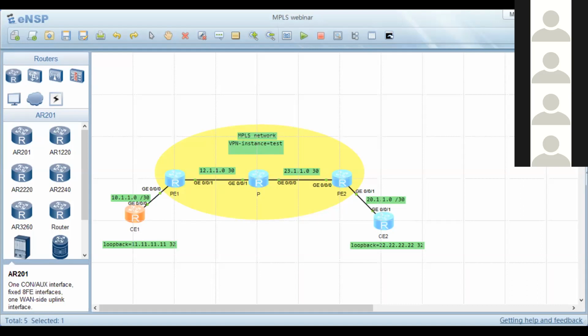This one, you see, is the VPN label. It will carry the route through the MPLS network between the two PE routers, as you can see. That is the main purpose.